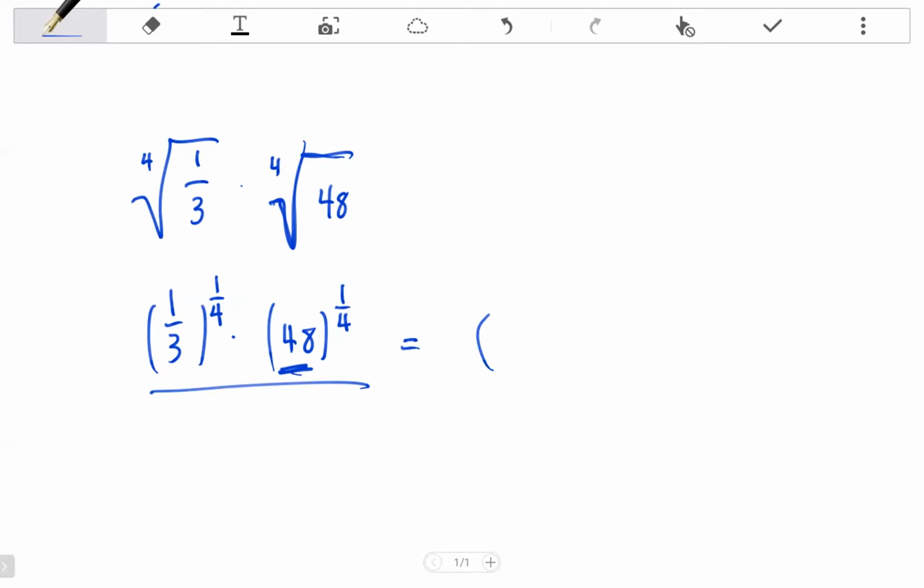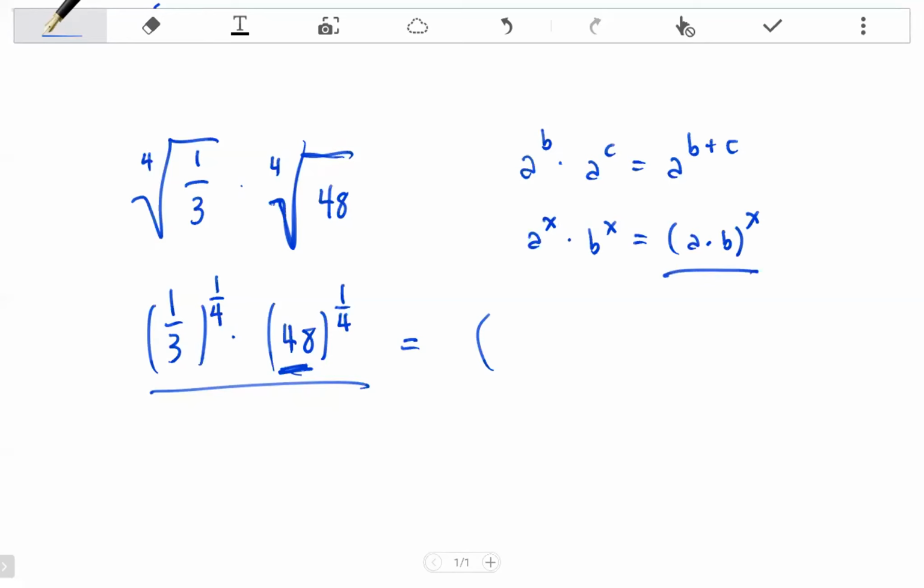This is a property I didn't explain. Usually when you have the same base, so a to the b times a to the c, we can add the exponents. But if we have the same exponents, then we can multiply the bases.